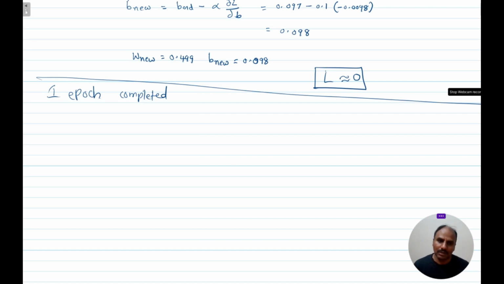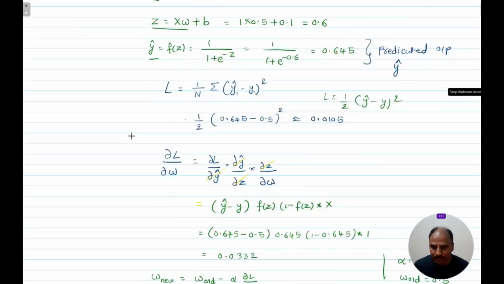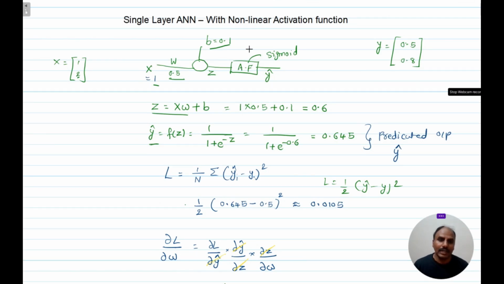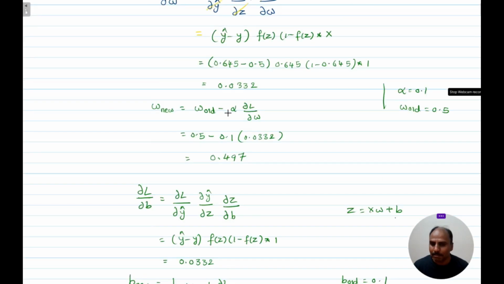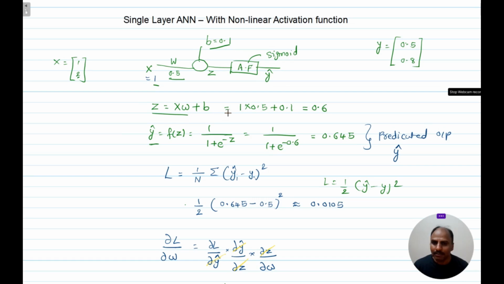So this is the way of finding the optimization using nonlinear activation functions. Okay, so this is called the back propagation algorithm. In the earlier video, that was only feed forward. If I'm going in this way, this is only feed forward. After taking the output, we are modifying our weights. So we are giving a feedback.